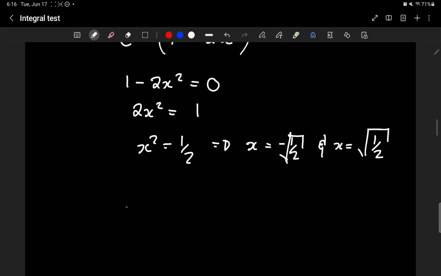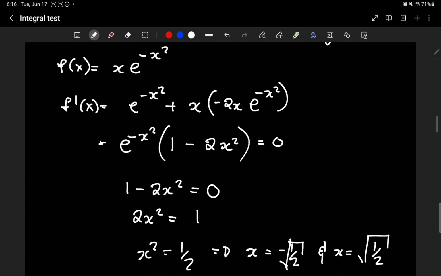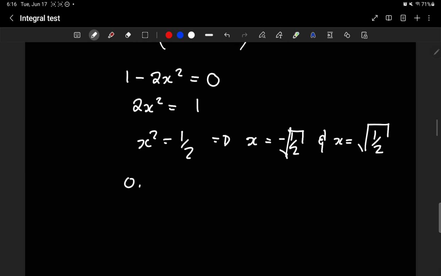Now, for our problem, the values of x are restricted to the range 0 to infinity. So since we are only focusing on 0 to infinity, we'll ignore the negative value of x, because it's not in our range. Our concern is only at x equals, I'll write this as 1 over root 2.